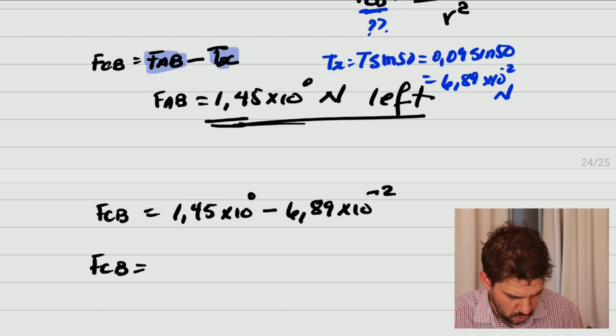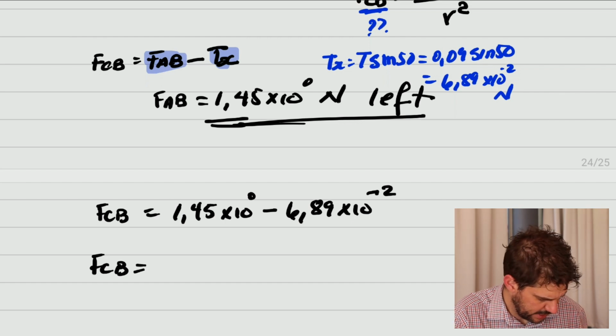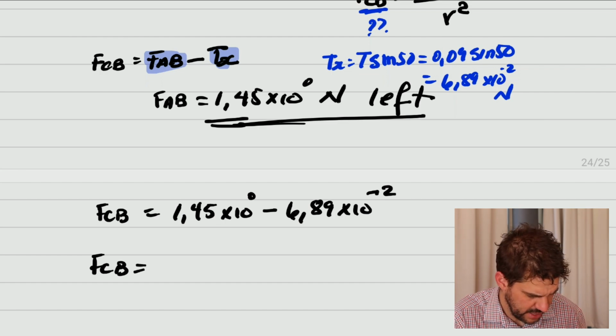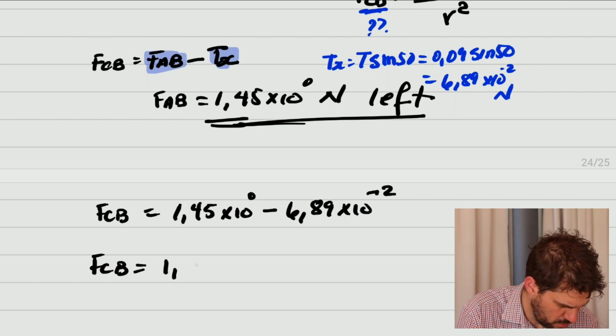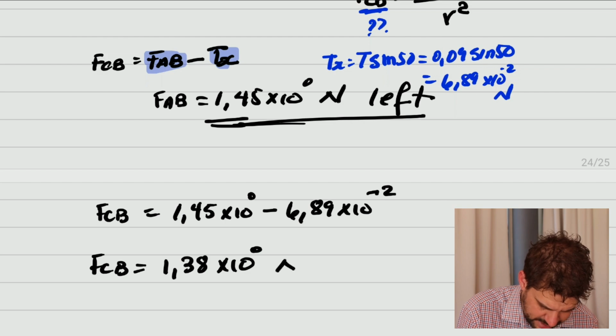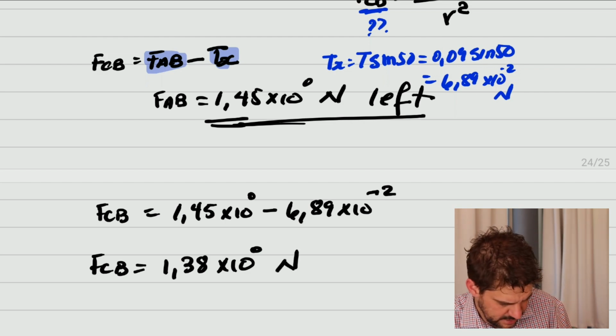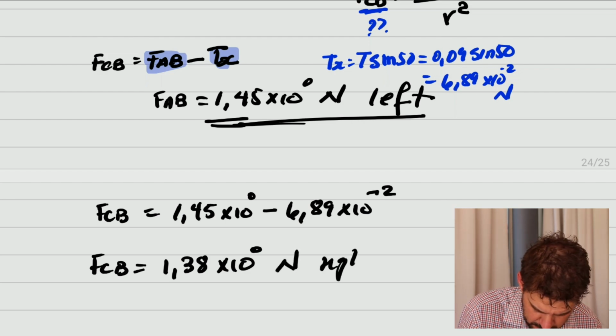Once more I'm going to do the calculation real fast: 1,45 times 10 to the 0 minus 6,89 times 10 to the minus 2. The answer is 1,38 times 10 to the 0 Newton, and that is to the right.